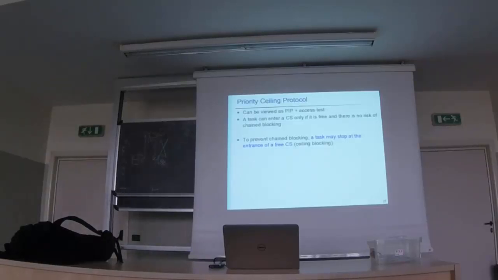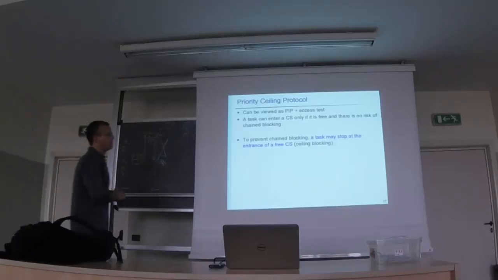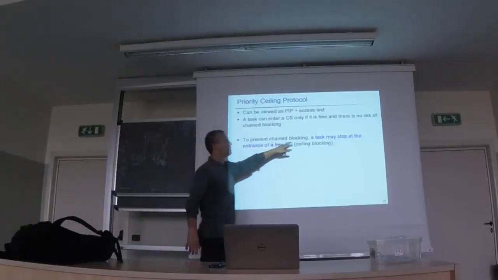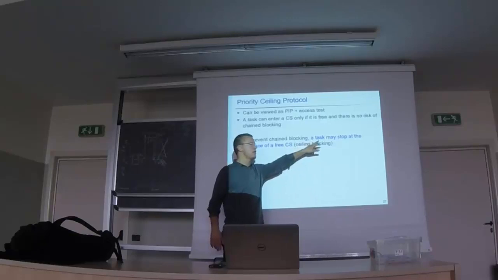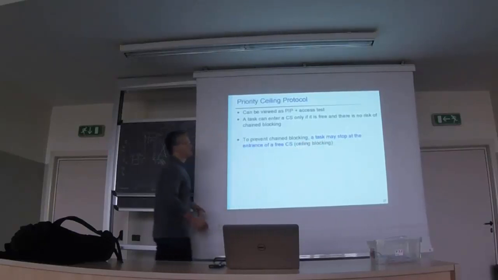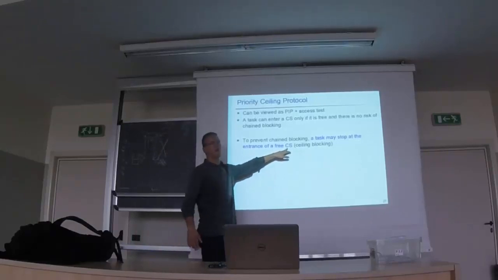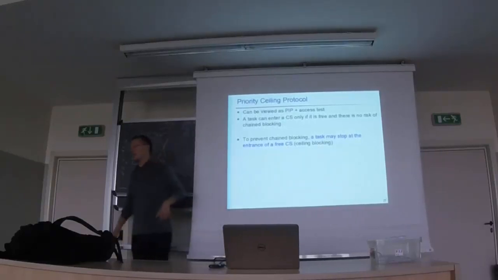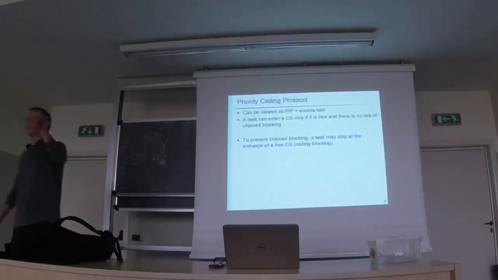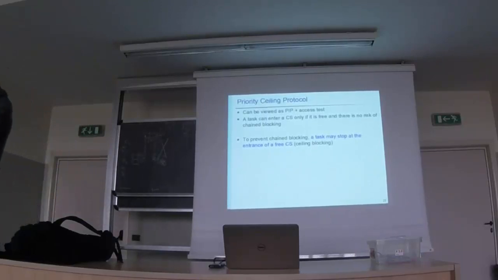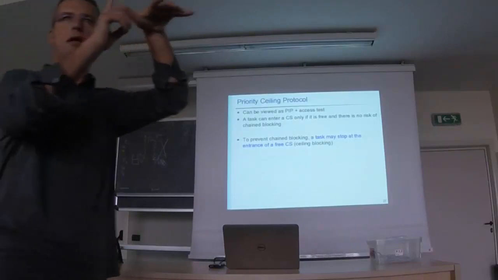So, to prevent the chain blocking effect, we introduce that the task may stop at the entrance of a free critical section. What does that mean? Before, at the beginning of my critical section, if the semaphore was free, I take it and I continue, okay?